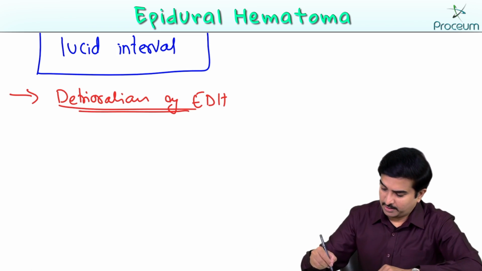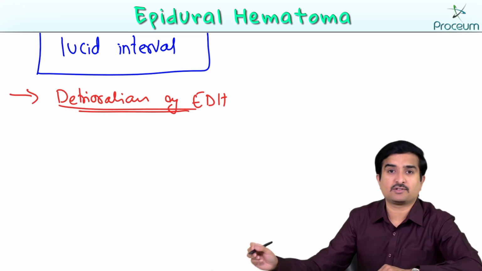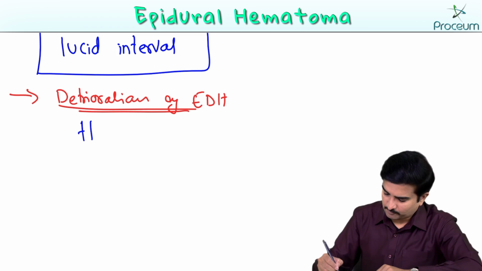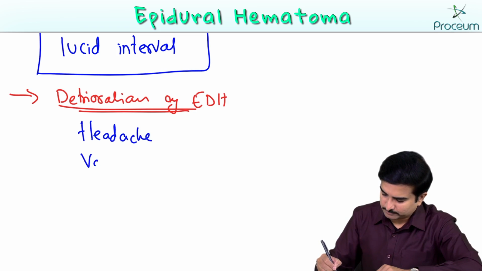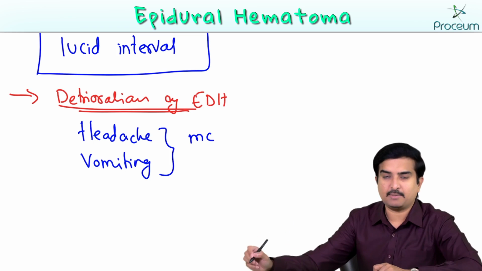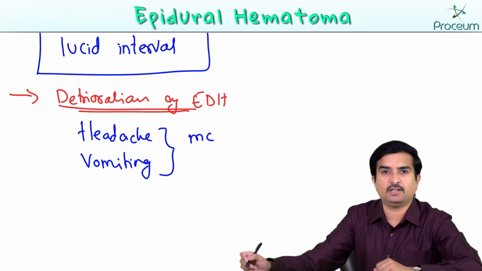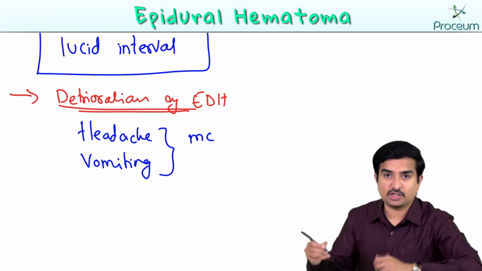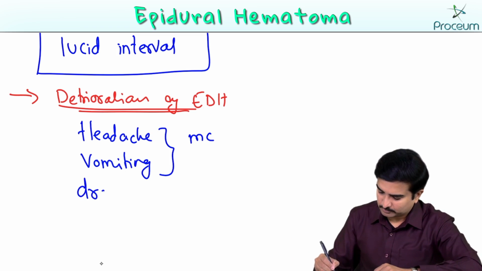So what will be the clinical manifestations or symptomatology we will see here? There will be, more commonly, headache, vomiting. These are the most common clinical manifestations we generally see whenever his condition is getting deteriorated, and slowly he'll go into a state of drowsiness.